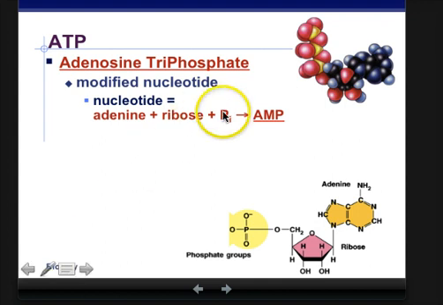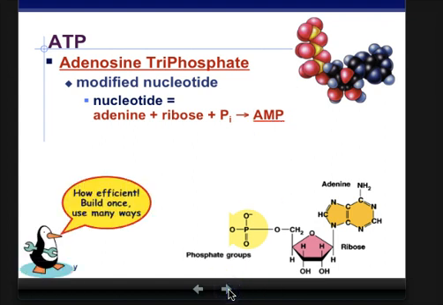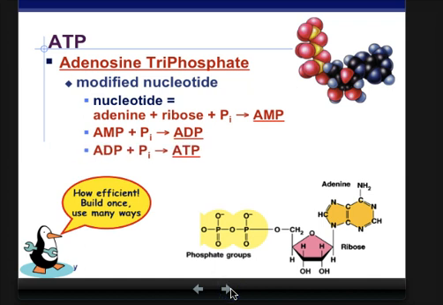Now if we just have as a building block here just the one phosphate, then we have adenosine monophosphate. Then we're going to add on another phosphate and have adenosine diphosphate. Then adding one more phosphate group, we go from ADP to adenosine triphosphate.